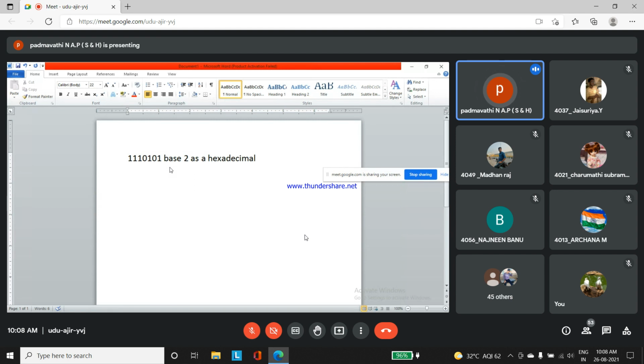Form the 4 digits group. Okay, that is to take right to left 4 digits of the number.